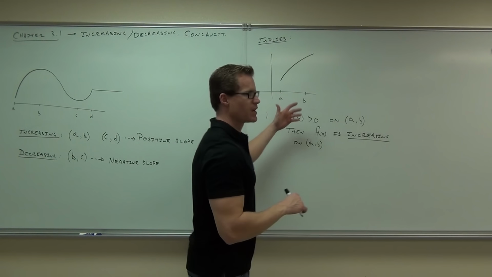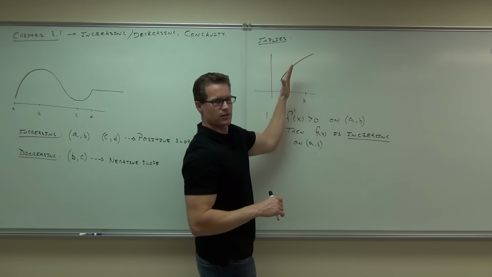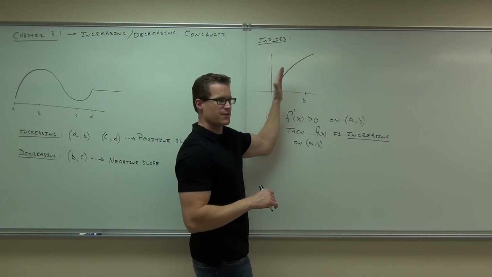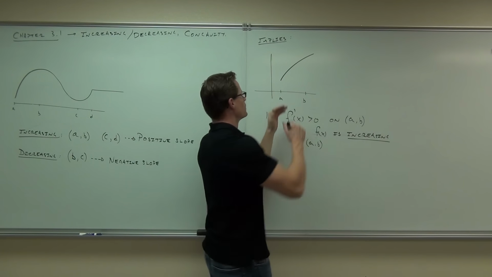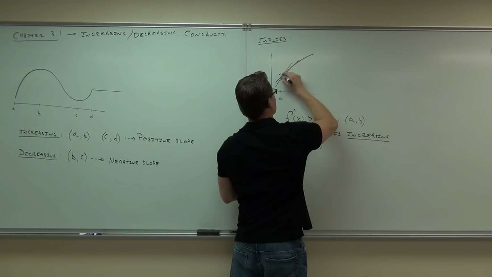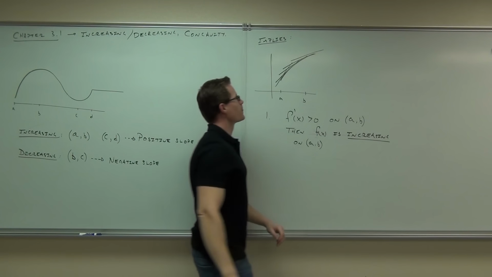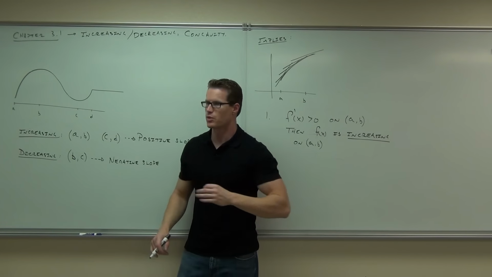You can see from our examples, this is definitely increasing, right? Our slope is positive at every single point, from A to B. Every one of those slopes at every single point is going to be positive.